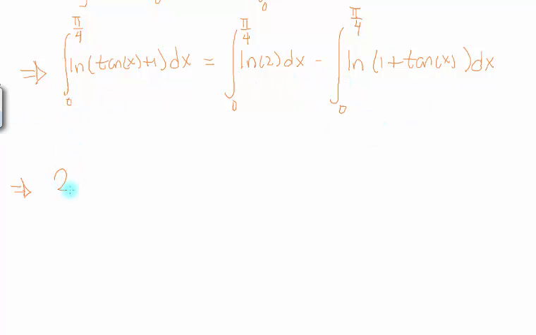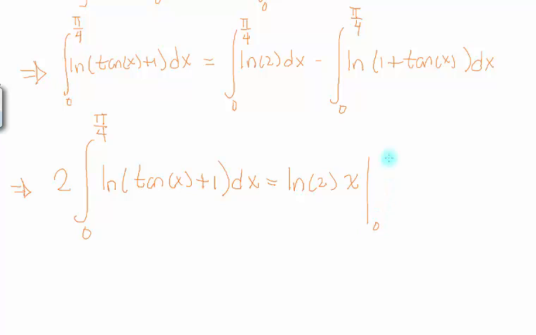So we have two of the same integrals equal to this integral, but ln of 2 is just a constant. So the integral of dx is just x. So let's just write it down like that. x evaluated from 0 to pi over 4.